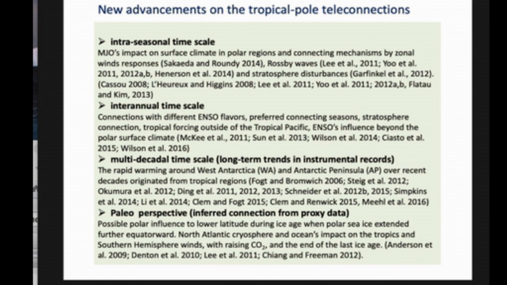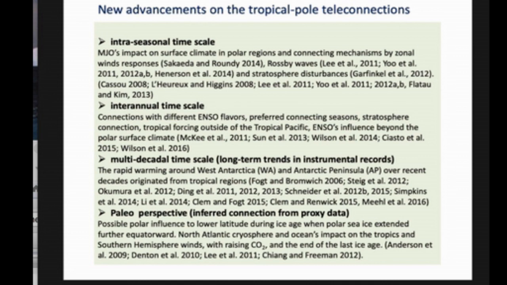What else? Yes, tropical forcing outside of the tropical Pacific. Before, at interannual timescales, we all focused on ENSO in the tropical Pacific. Now we know the tropical Indian Ocean can excite Rossby waves too, and the tropical Atlantic can do that too, and even the North Atlantic can do that too.